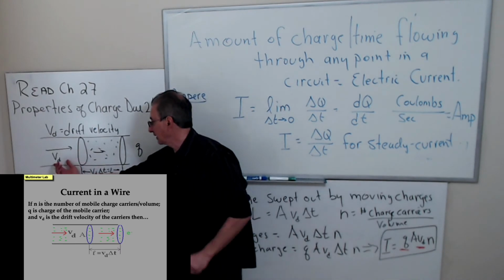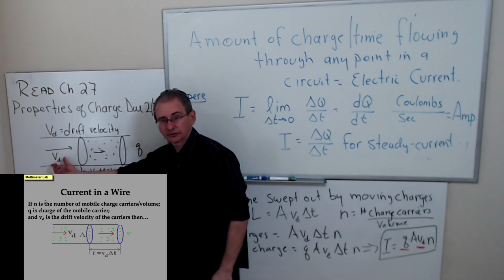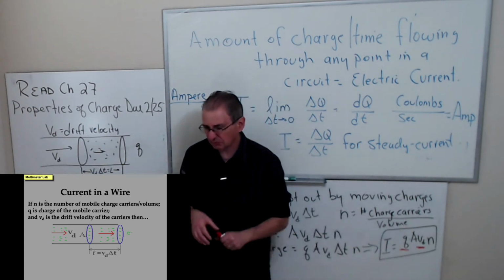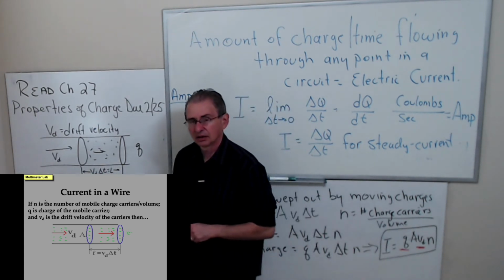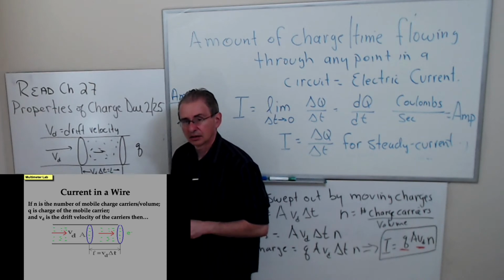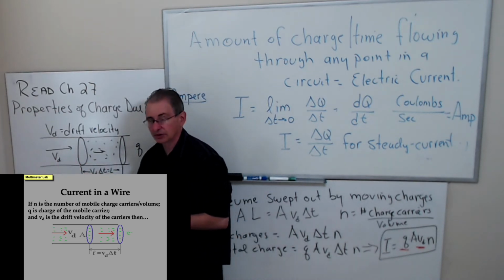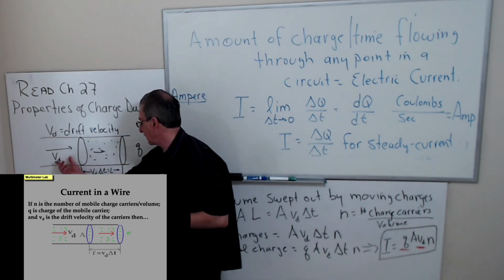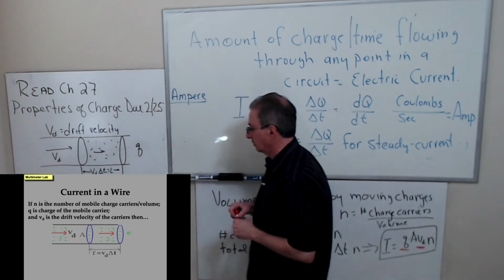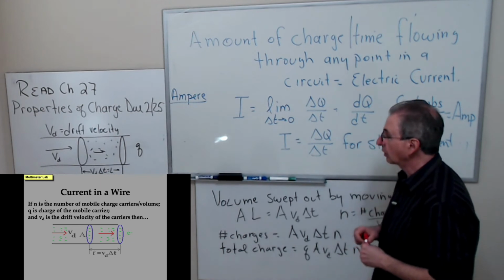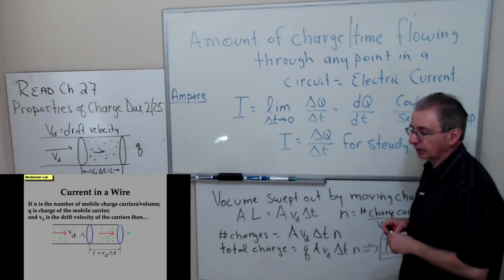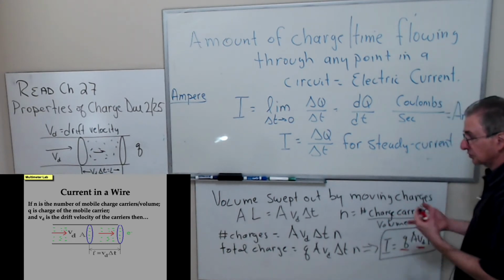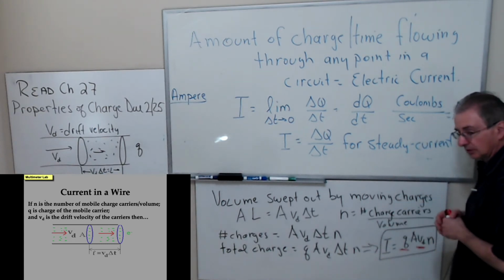And really, this is an average value. So we can think of this as a definition for an average current, maybe, because this V sub D, I'm assuming, is constant. If I really want to know it exactly at one point, I need more details. But this gives me an idea of what's going on in the wire, at least.